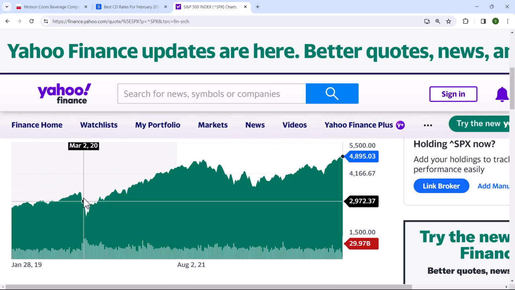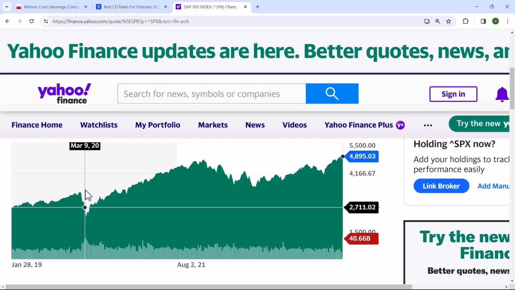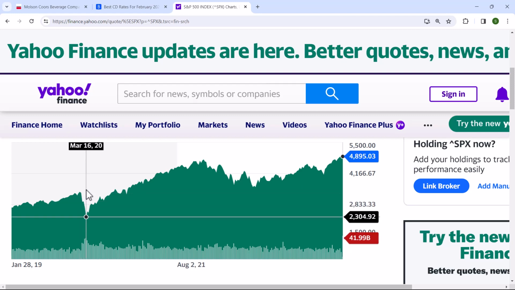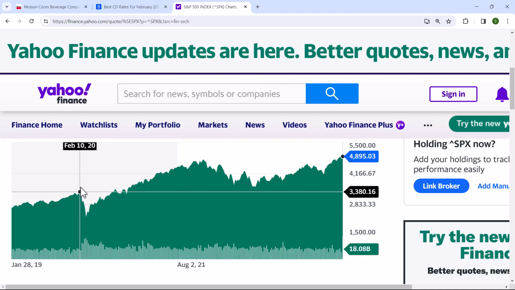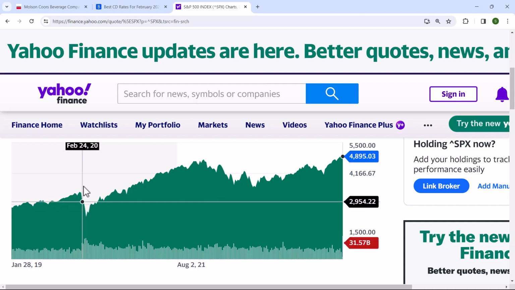This is kind of when COVID-19 hit, and you can see this big drop. So looking on the right-hand side in the black tag there, it says the value of the S&P 500 as of February 17th, 2020 was $3,337.75. Go forward a couple weeks, and it dropped to $2,304.92. So a dramatic decrease in the value of the stock market.